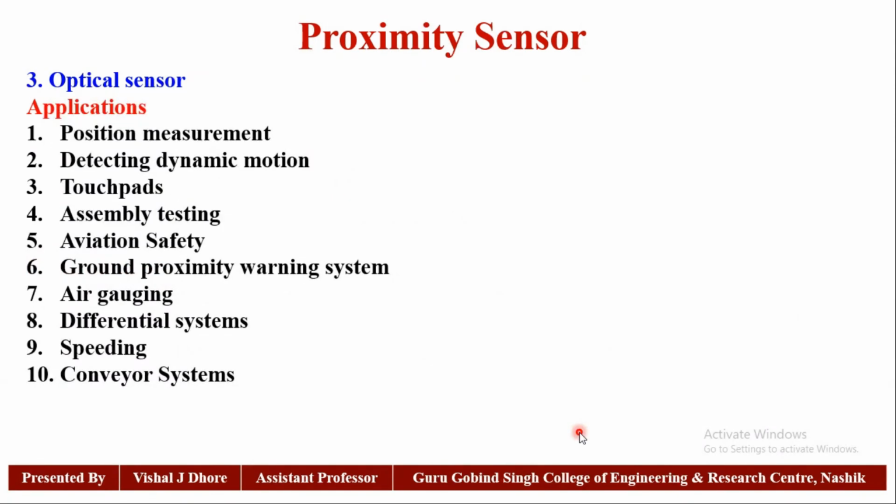Applications of optical sensors are position measurement, detecting dynamic motion, touch pads, assembly testing, aviation safety, ground proximity warning systems, air gauging, differential systems, speeding, and last, conveyor systems.